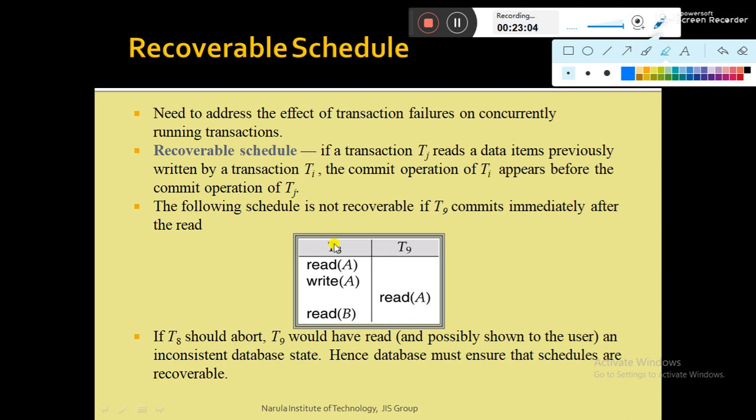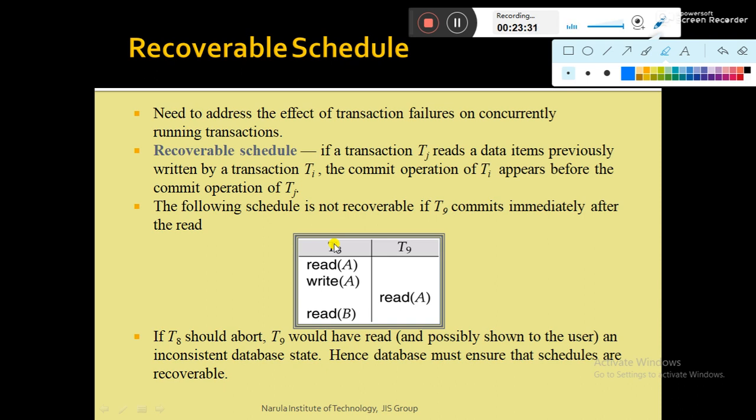Again I'm repeating: if a transaction fails at any intermediate point of time, means the transaction is not able to complete its execution successfully, then what happens? To ensure the atomicity property, we have to roll back the transaction. Rollback means when the transaction has failed to execute, we have to undo all the effects that it has made on the database.